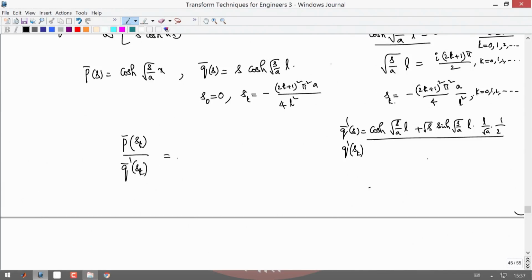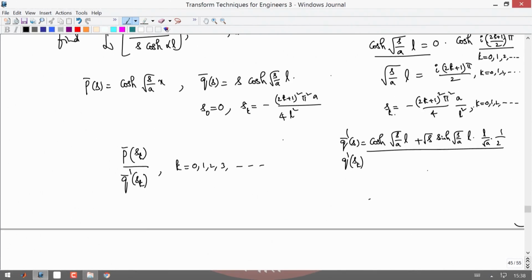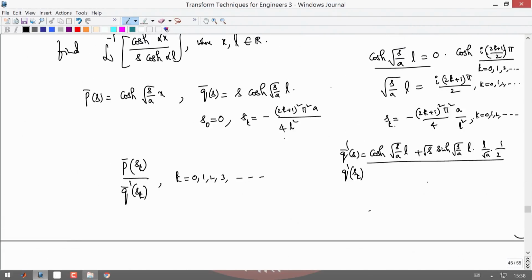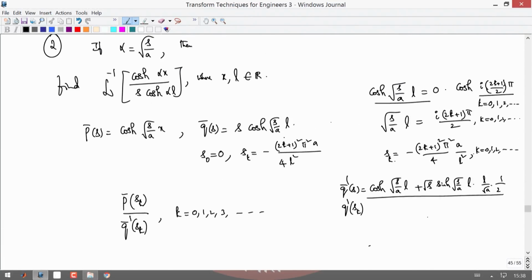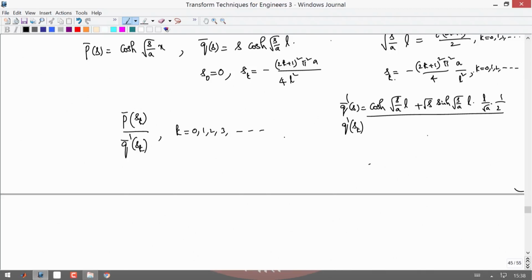For each k from 0, 1, 2, 3 onwards you calculate this. Now you know sk, and you know p bar of s and q bar dash of s.